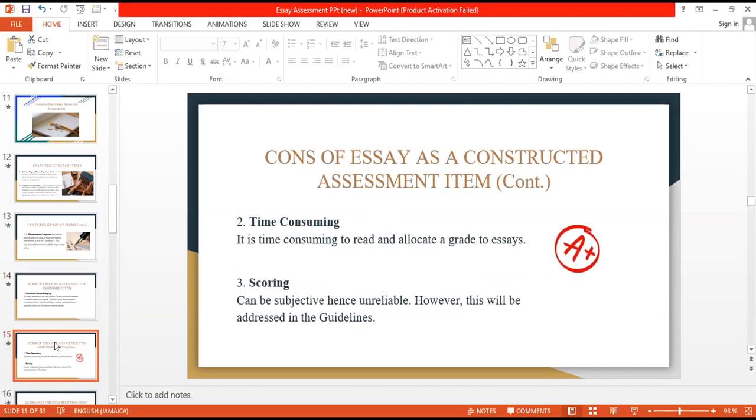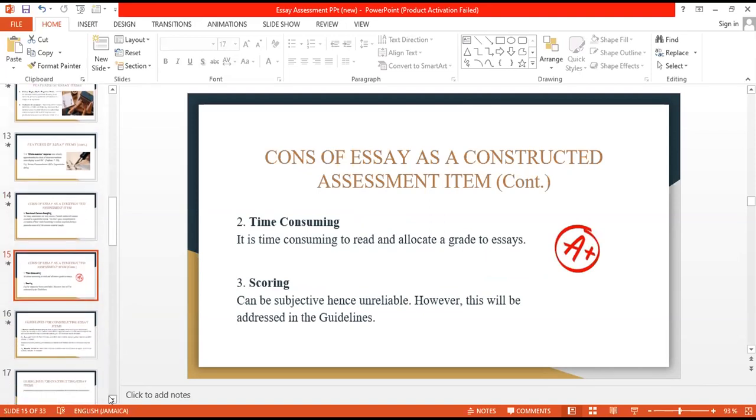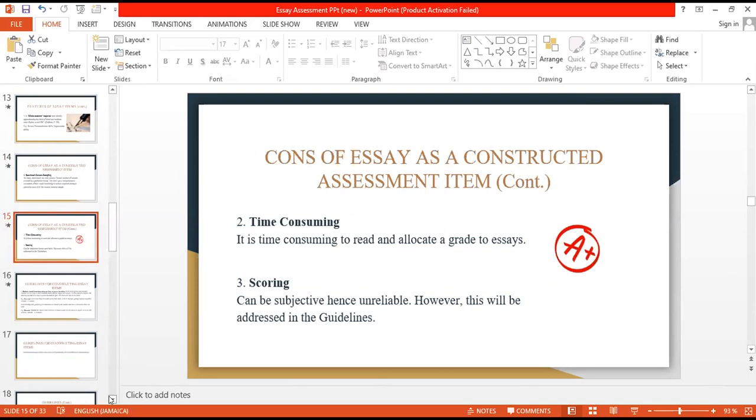Also, time consuming. An essay can be very time consuming. It can take long to read and allocate a grade to essays. Yes, I do agree, because normally essays can be 3 pages, 2.5 pages, or more, depending on the level that we are grading.